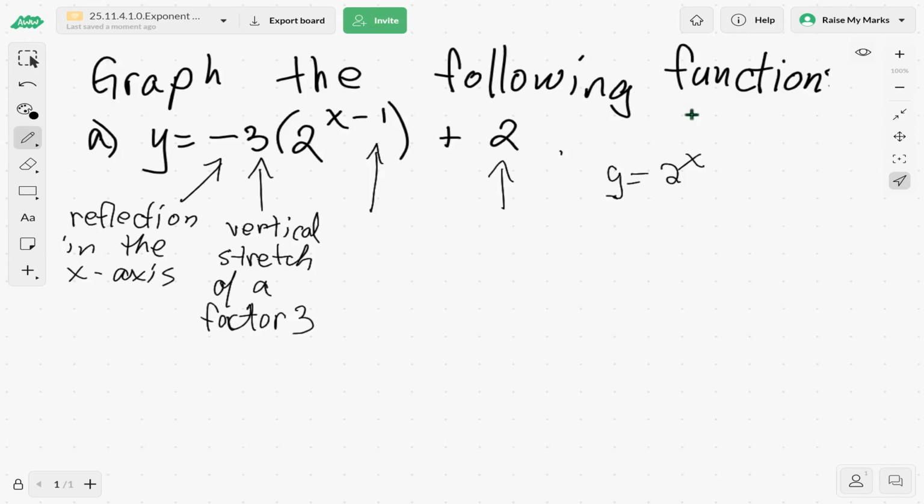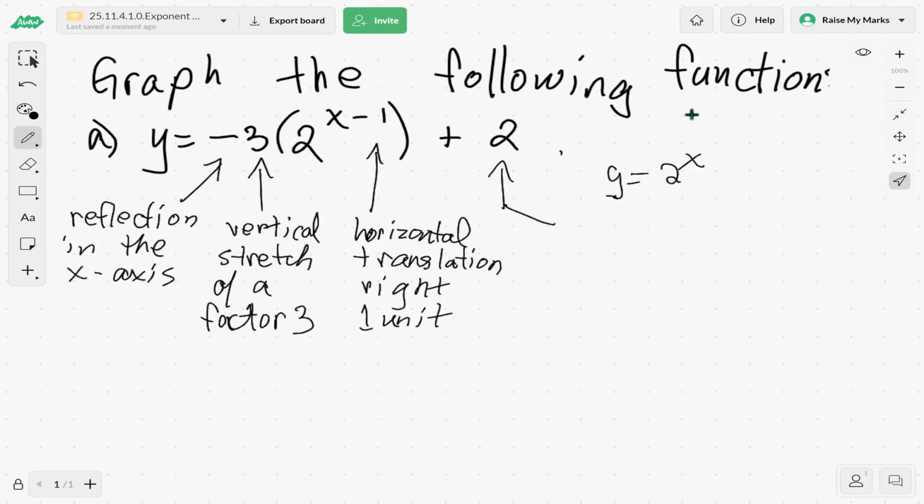The -1 added to the x is a horizontal translation right 1 unit.